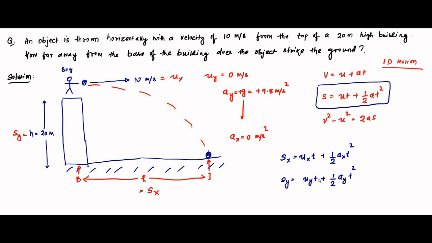So first, Sy is equal to uy t plus 1/2 ay t square. We'll use this equation. Sy is 20, equal to uy, which is 0, so 0 into t, this becomes 0, plus 1/2 ay, which is plus g, equal to plus 9.8 meter per second square, into t square.